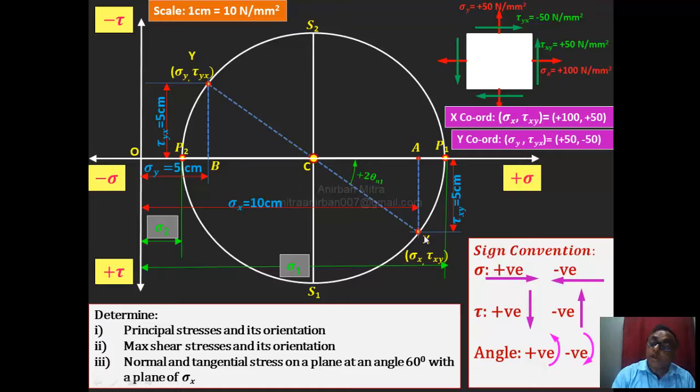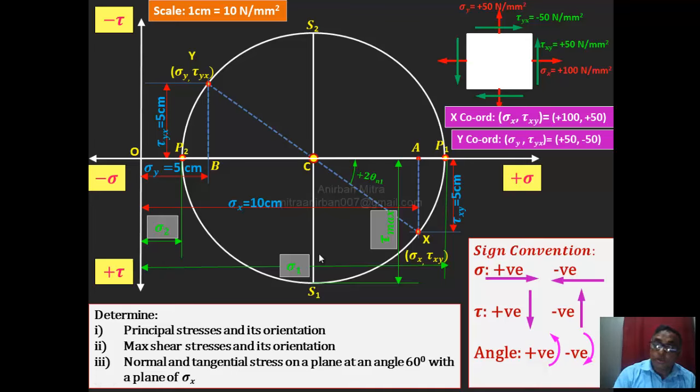Here x is lying in the fourth quadrant, that's why I marked this point as S1, and the other point is called S2. Our x plane or x direction is the CX line, and this CS1 is basically your tau max value. So CS1 is the maximum shear plane.